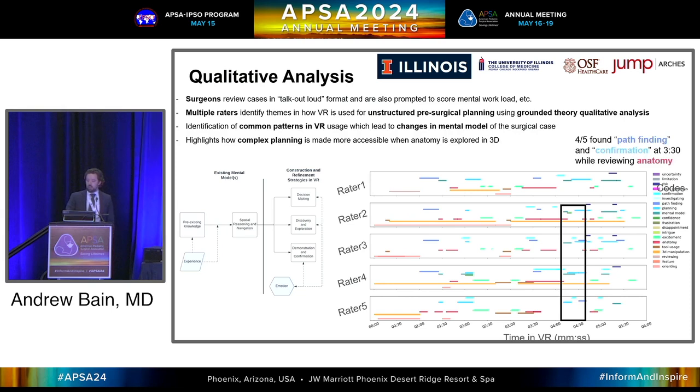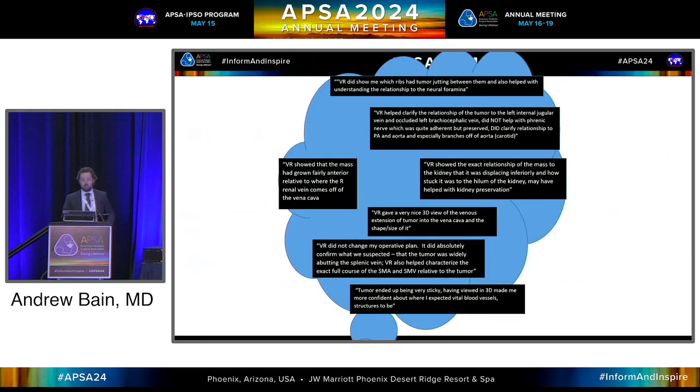And you can see across groups, at certain time points of progressing through experiencing a 3D model, there are consistent shared experiences that happen, like pathfinding and confirmation while reviewing anatomy. And it highlights that the complex planning can be more accessible when that anatomy is explored in that 3D space.